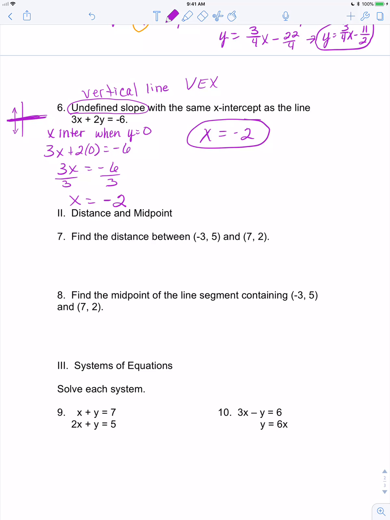All right, so next we're going to review distance and midpoint real quick. Let's see, we've got our two formulas here. I think we're doing one of each. So let's say here's our distance formula, which is equal to the square root of the difference in our x values squared plus the difference in our y values squared.